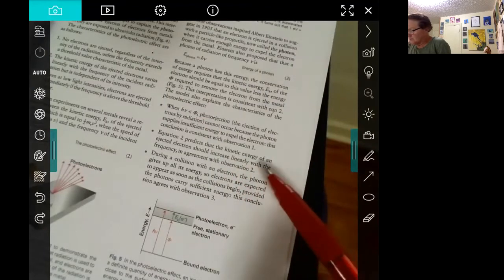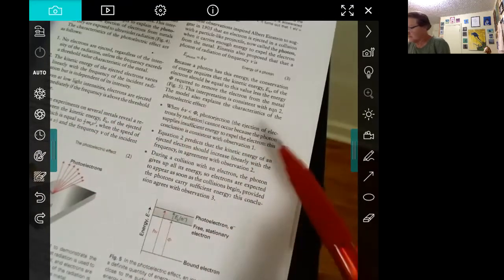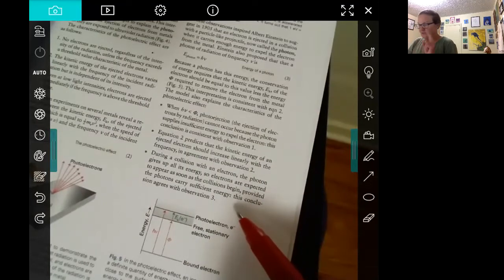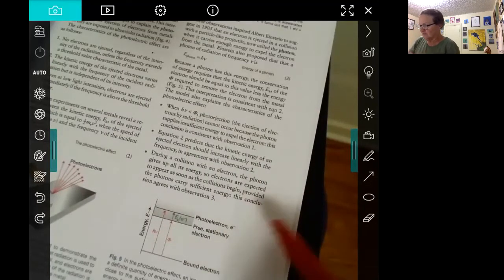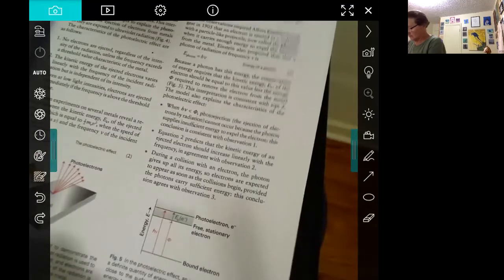The equation also predicts that the kinetic energy goes up as the energy of the photon goes up past that threshold, and that one electron interacts with one photon, and that energy goes into removing it from the surface and the kinetic energy of that electron.